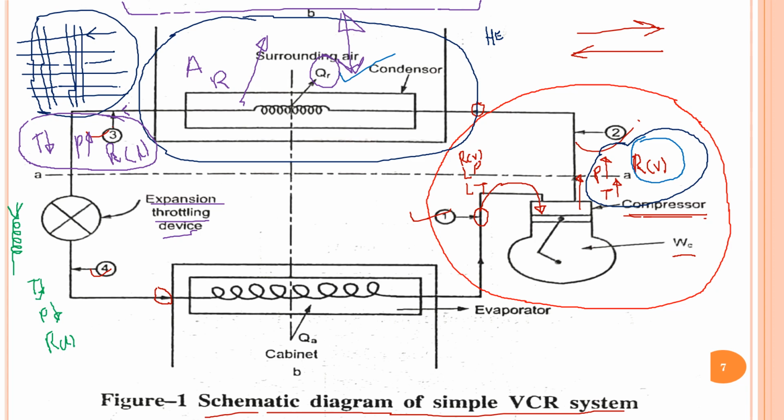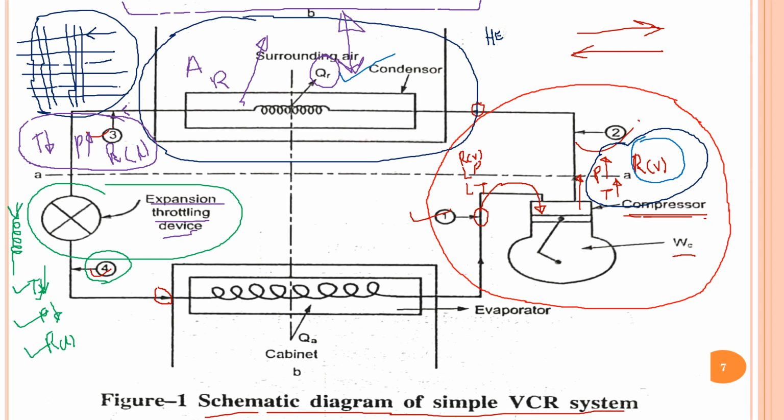So when the refrigerant will flow through the expansion device, its temperature will drop. Its temperature is already low, pressure will drop and refrigerant state is liquid. So low pressure, low temperature refrigerant in liquid state is coming here at state 4. That is a state after expansion.